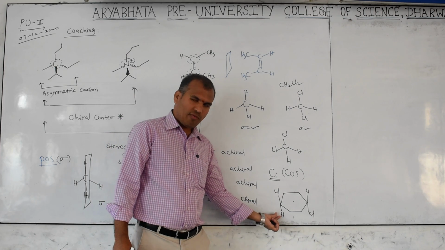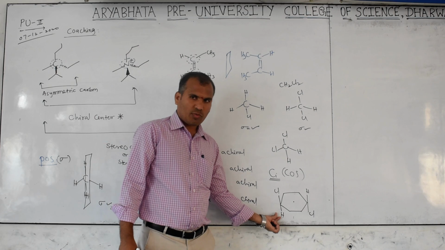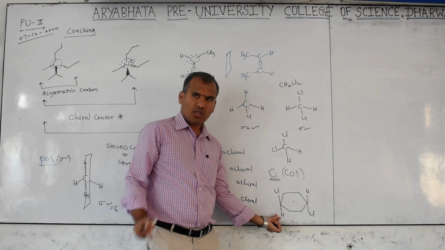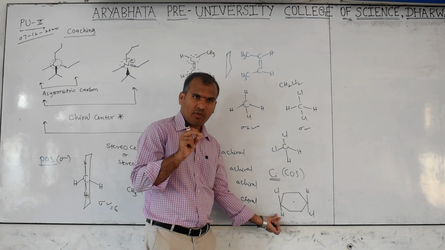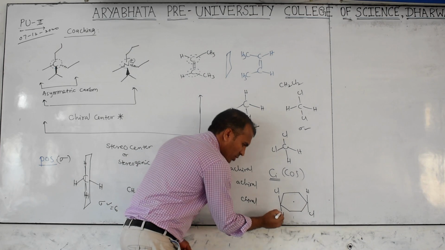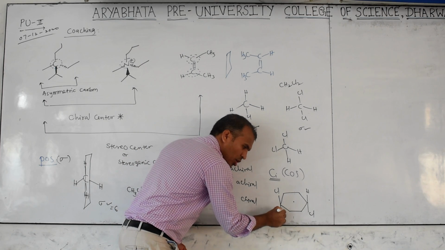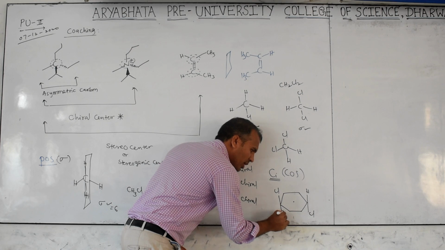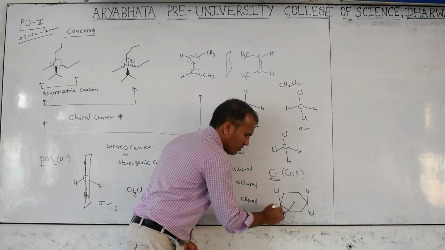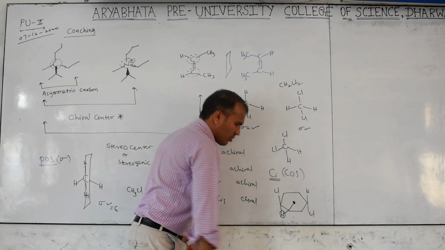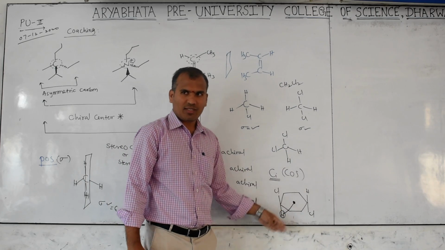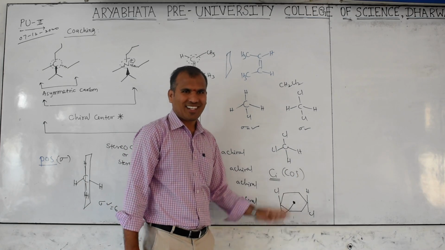Draw a line from any one of the atoms or groups. Now I am taking this atom. Drawing from this atom through the center point. If you take a scale, then it will be a straight line. Actually, it looks like a curved straight line.